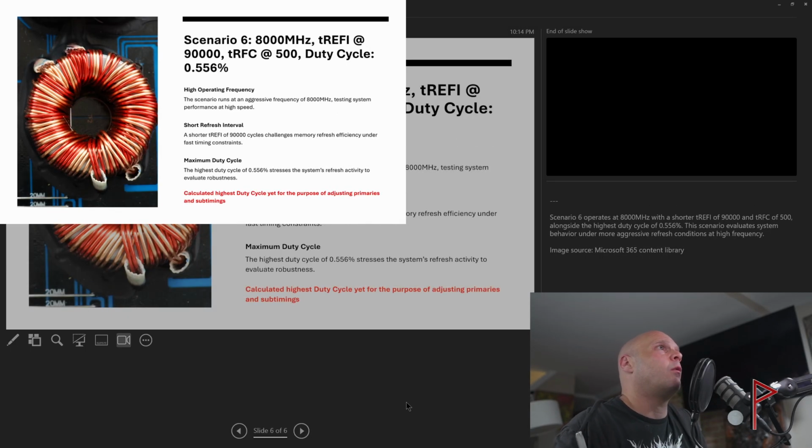And then here's where we ended up. Right now, I'm a little bit tighter than this. This is where I started. I just calculated, as it says here, the highest duty cycle yet for the purpose of adjusting primaries and subtimings. So I loosened things up wider than we had it at the start at 7800, just so that I could make sure it wouldn't error while I kept playing with the primaries and the subtimings.